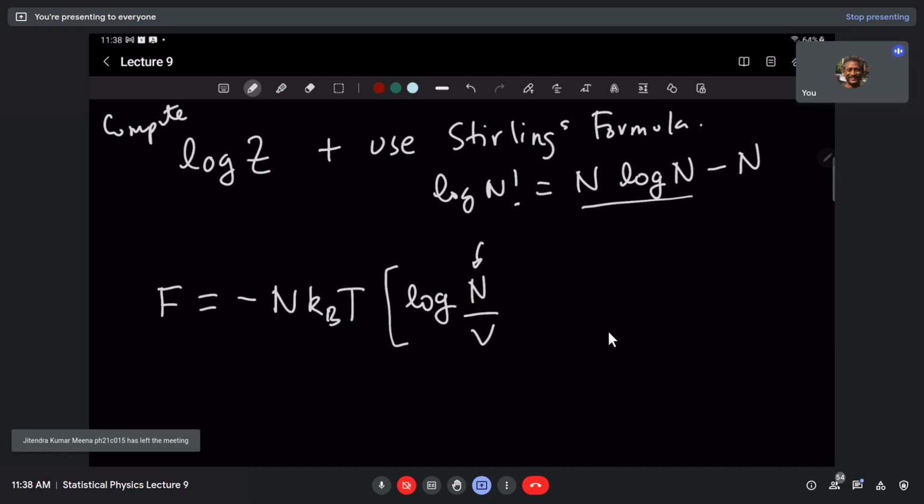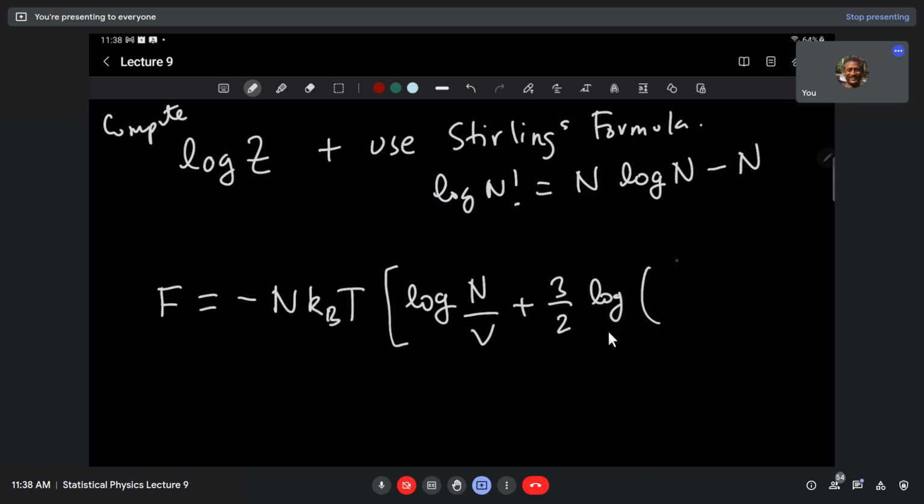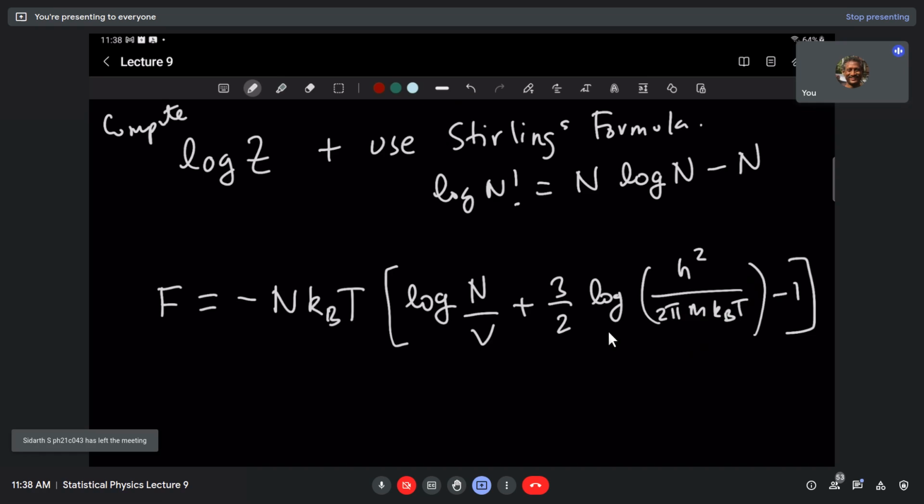You can see it here, so that's where it comes from. And that's it. This is the minus 1. So is it clear that this is the formula that we get?